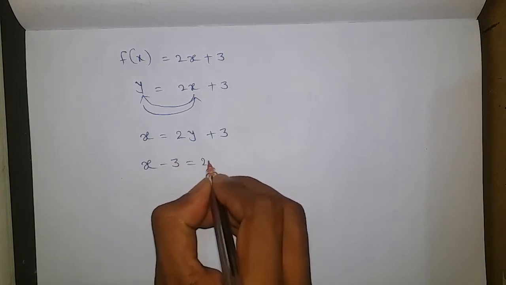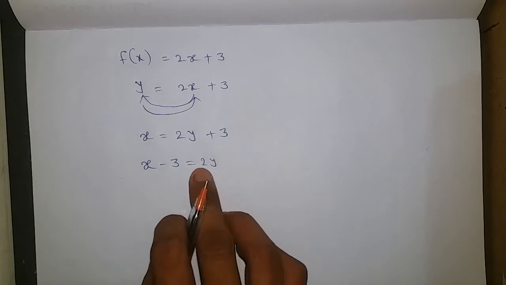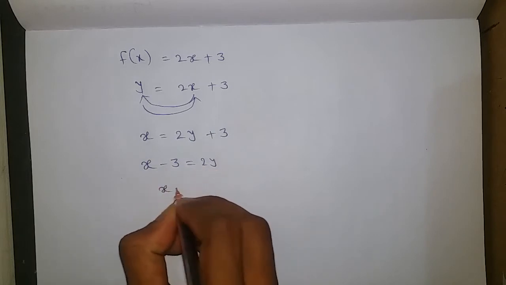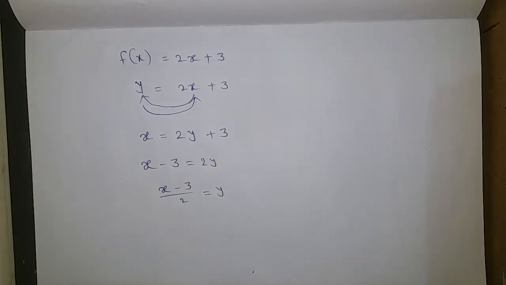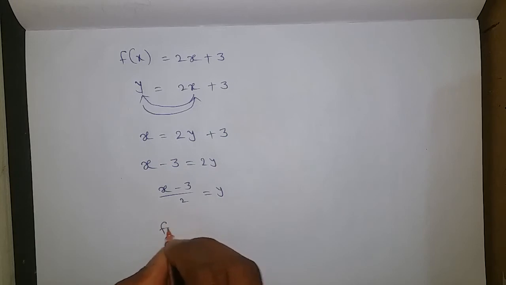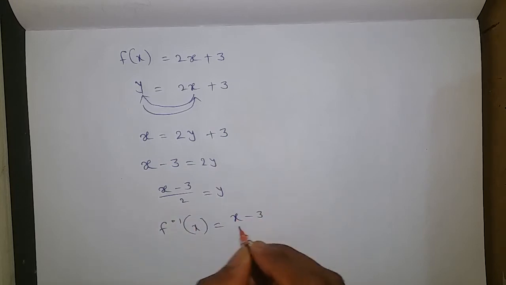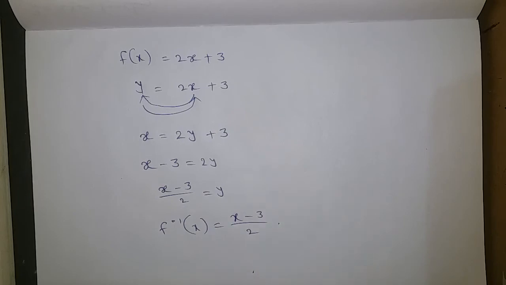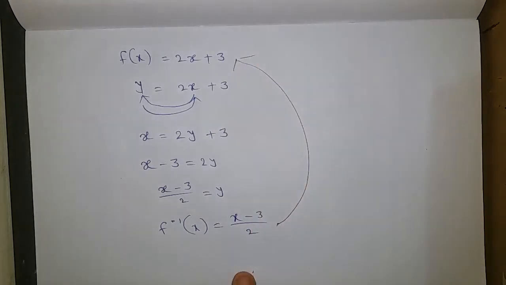So x minus 3 is equal to 2y. We want y value, so take 2 also this side. X minus 3 by 2 is equal to y. Now this y you replace with f inverse x. F inverse of x is equal to x minus 3 by 2. This is the inverse of this function.